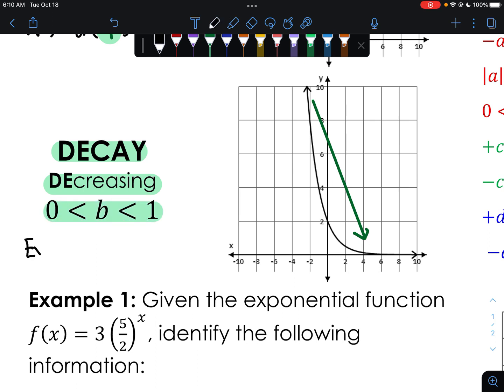So if we have an example equation, whatever is being raised to the exponent of x needs to be between 0 and 1. So something could be 1/4, could be 0.25, 0.1, 0.3, 4/5, anything that would be between 0 and 1.